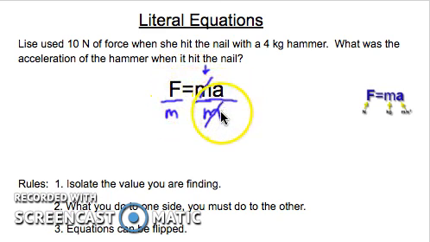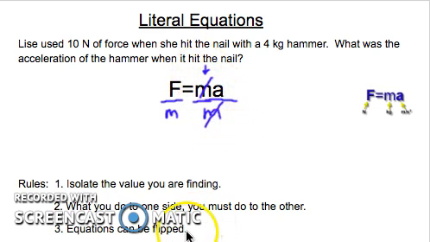Now, so you can get kind of a conceptualization of this, if this m took the place of, say, the number 5, you could get rid of the number 5 or move it around by dividing by 5, because 5 divided by 5 equals 1, and 1 times a is just a. So it works out that anytime you have multiplication on one side, you can isolate what you need by dividing by everything else.